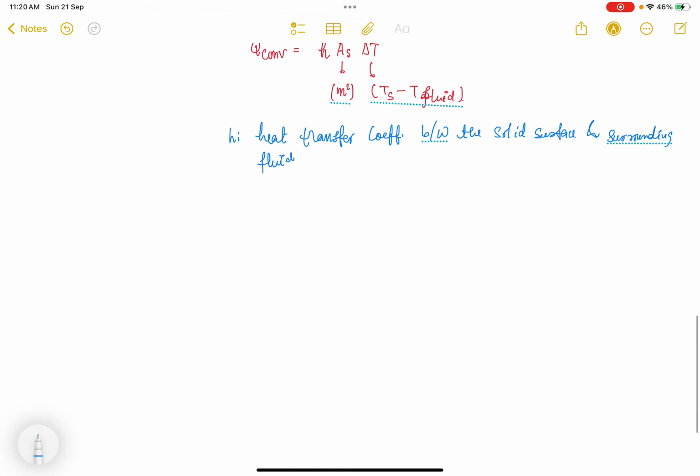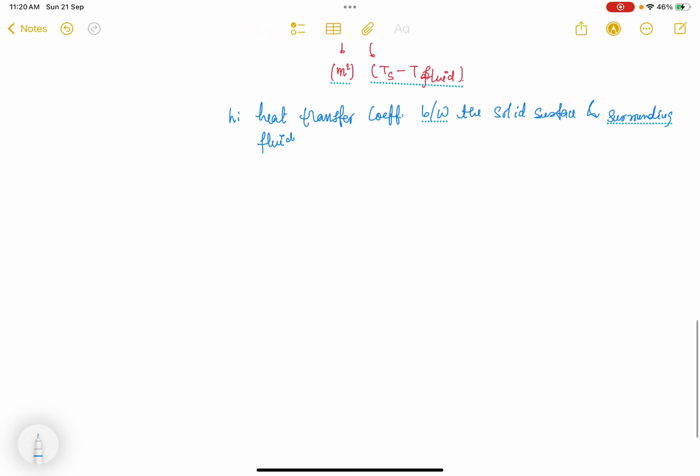In convection heat transfer, h is known as the strength of convection. Alright. It means higher the value of h, higher will be the convection.